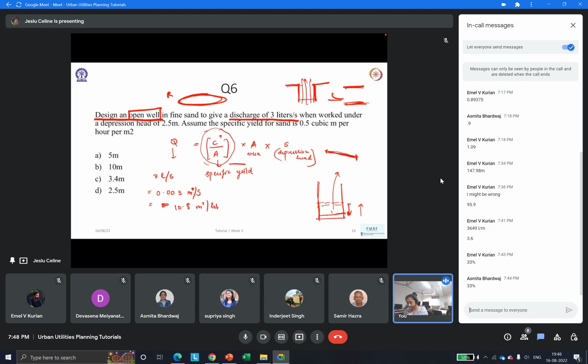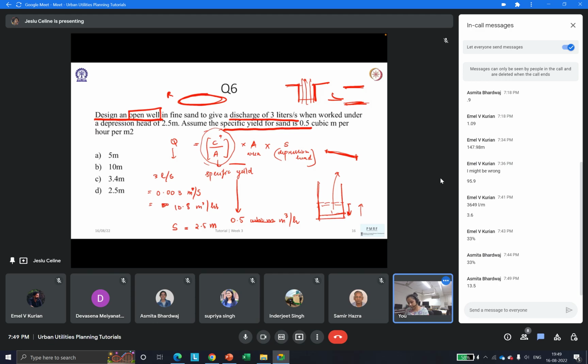Now specific yield is also given in the question. Assume the specific yield for sand is 0.5 cubic meters per hour per meter cube. That is what we have. Depression head S is also given. S is equal to 2.5 meters.